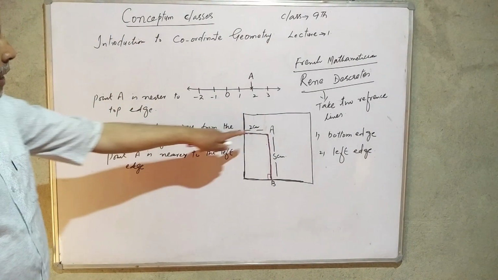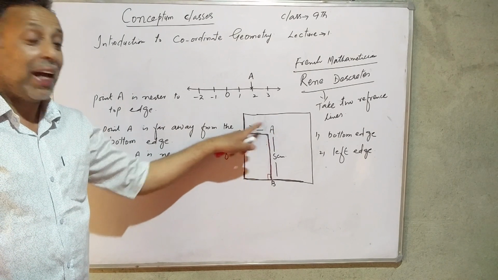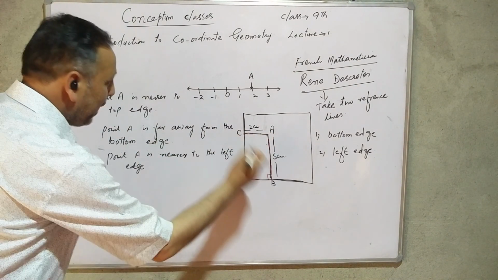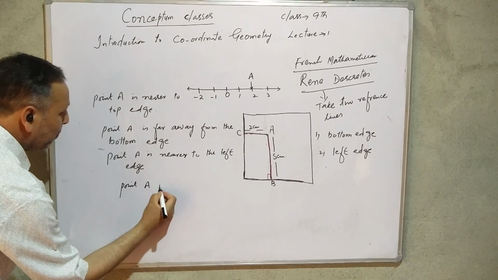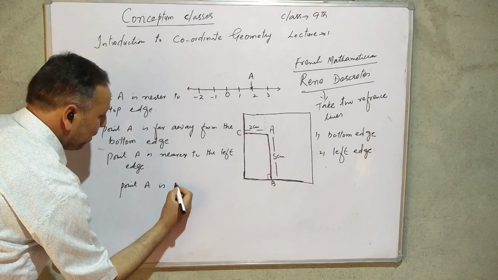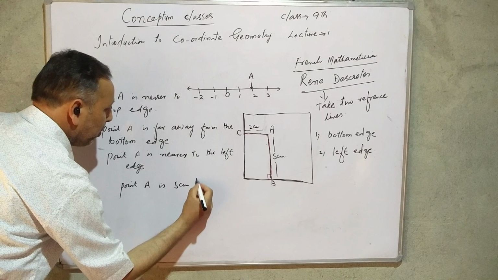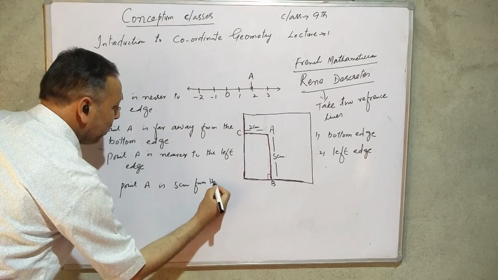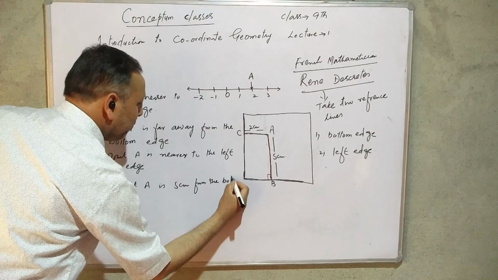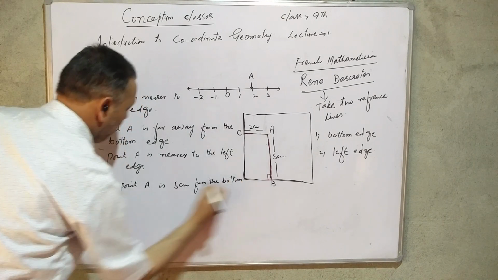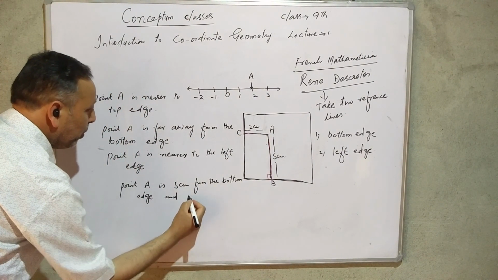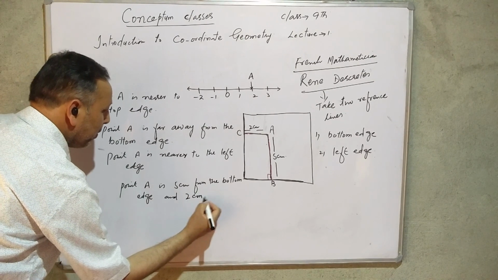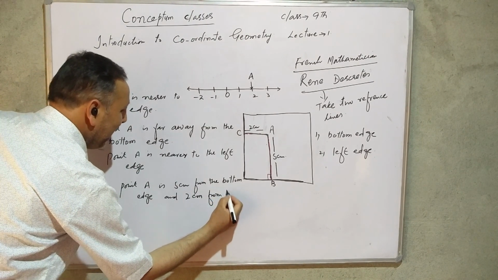Then we can describe the position of point A as 5 centimeters from the bottom edge and 2 centimeters from the left edge.